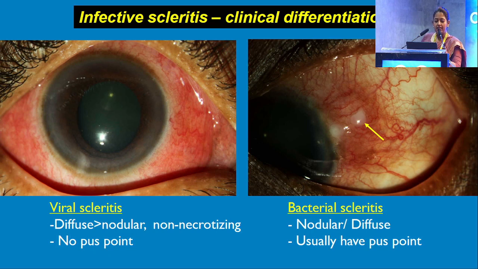Scleritis in acute retinal necrosis will likely be diffuse rather than nodular. It is one of the rare types of infective scleritis which will never present with a pus point. Usually infective scleritis has a pus point, but in acute retinal necrosis the viral scleritis will never have a pus point. On the contrary, bacterial scleritis can be nodular or diffuse and usually has a pus point.